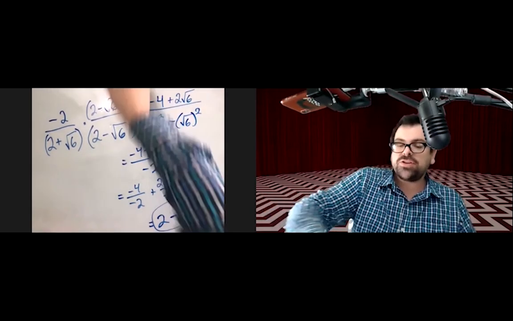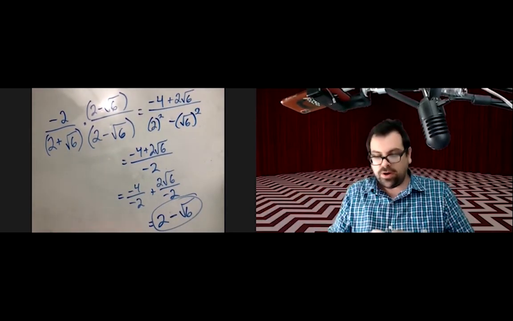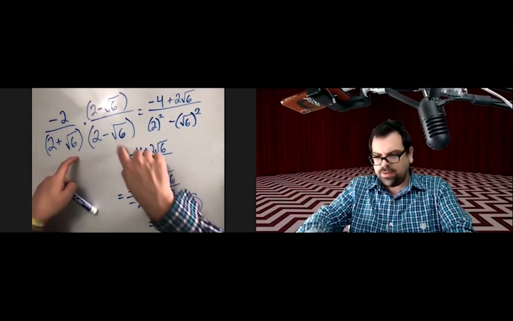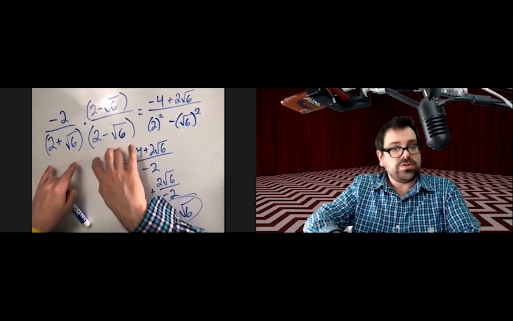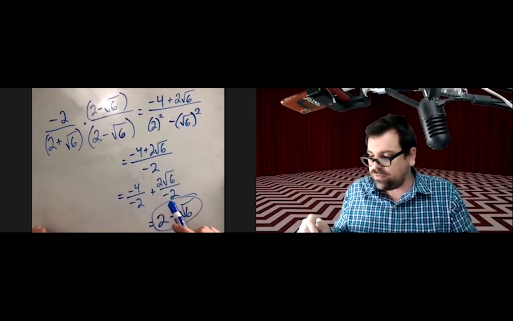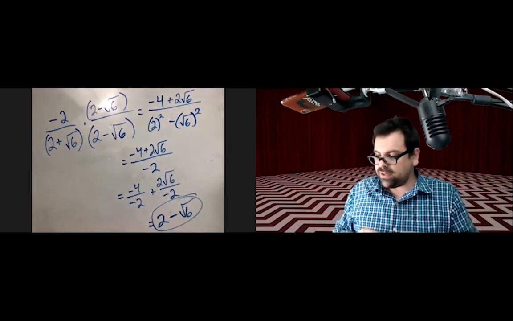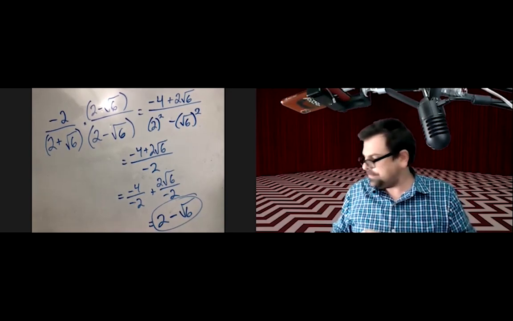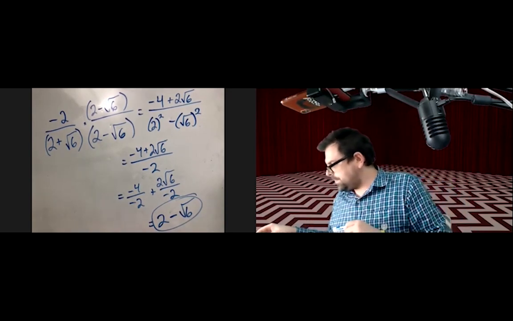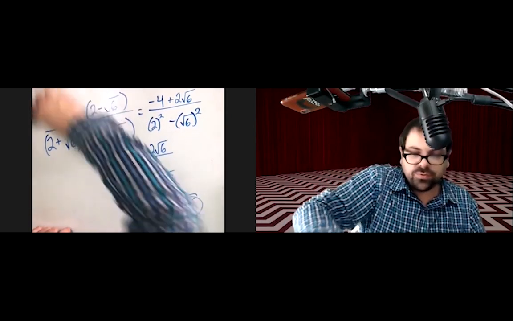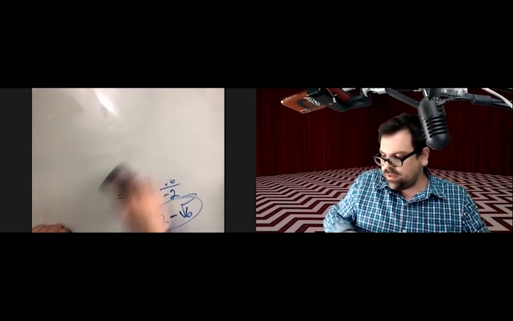So that's how you rationalize when there is a binomial on the bottom. When there's more than one term, you have to use the conjugate to get the difference of squares. Let's do one more of these.